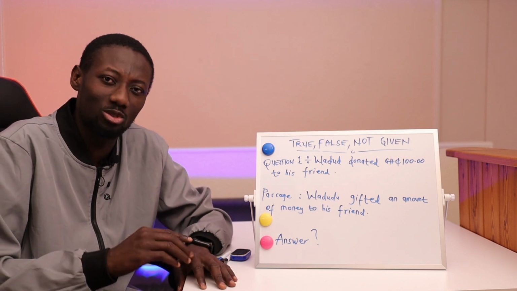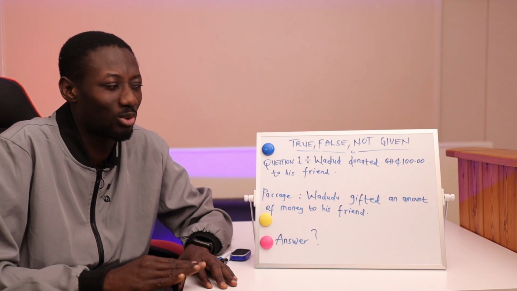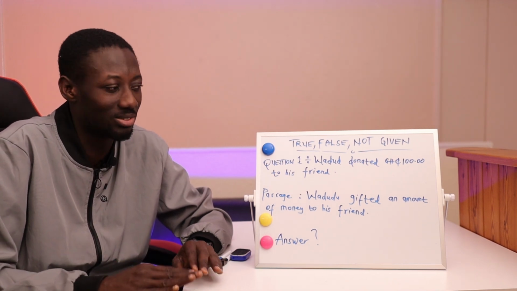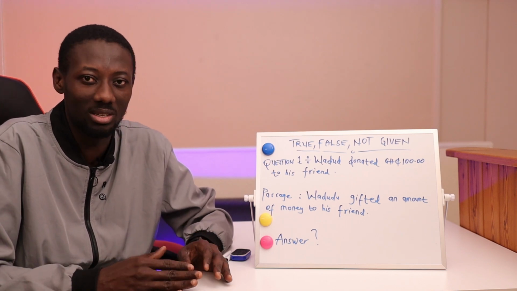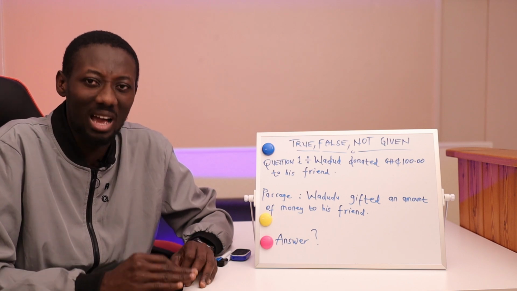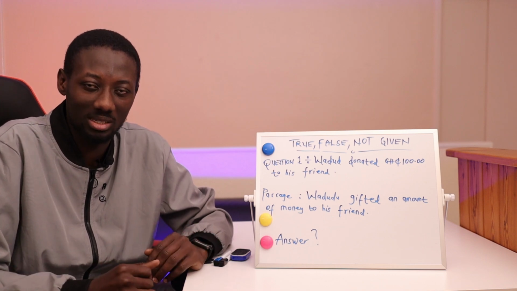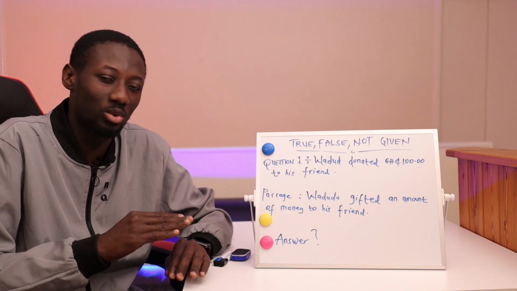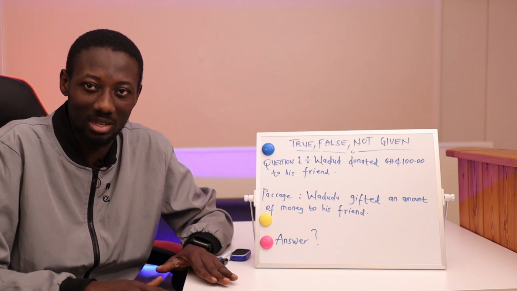When you master true, false, not given, you would actually solve about 40% of your problems with IELTS reading. So what does true mean, what does false mean, and what does not given mean as far as IELTS reading is concerned? With true, false, not given, the questions are going to appear in the form of statements.